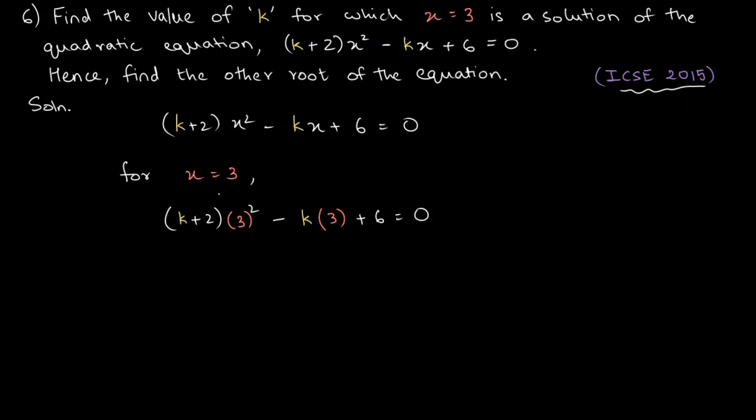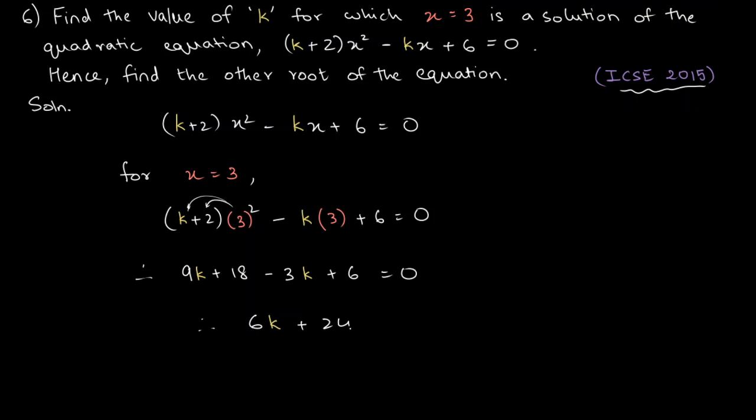3 square becomes 9, and then 9 multiplied in here, the distributive property will give me 9k plus 18, minus 3k, plus 6 equal to 0. Further simplifying, 9k minus 3k will give me 6k, and 18 plus 6 is 24.